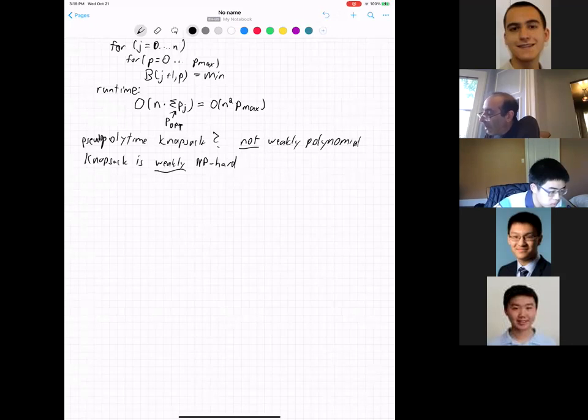Okay. There are some problems that are strongly NP hard. And what that means is that there is no polynomial time algorithm even if the numbers are small.